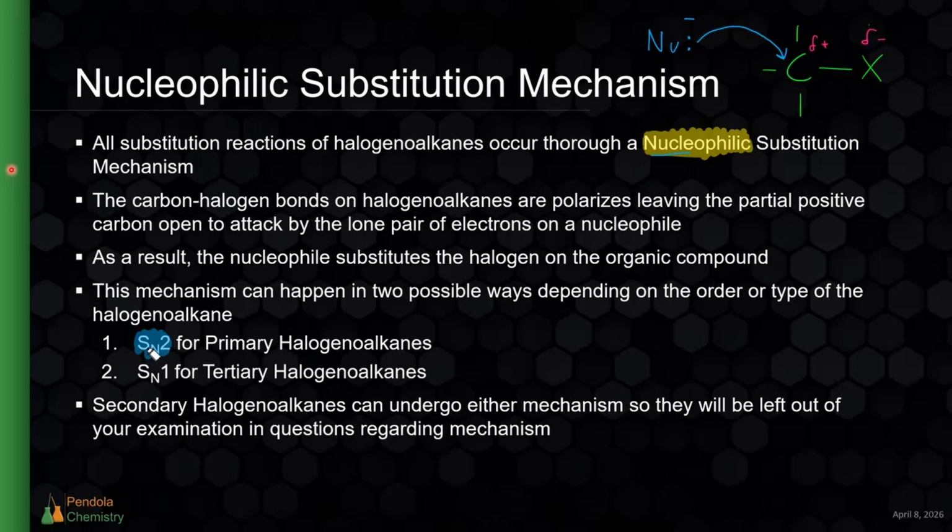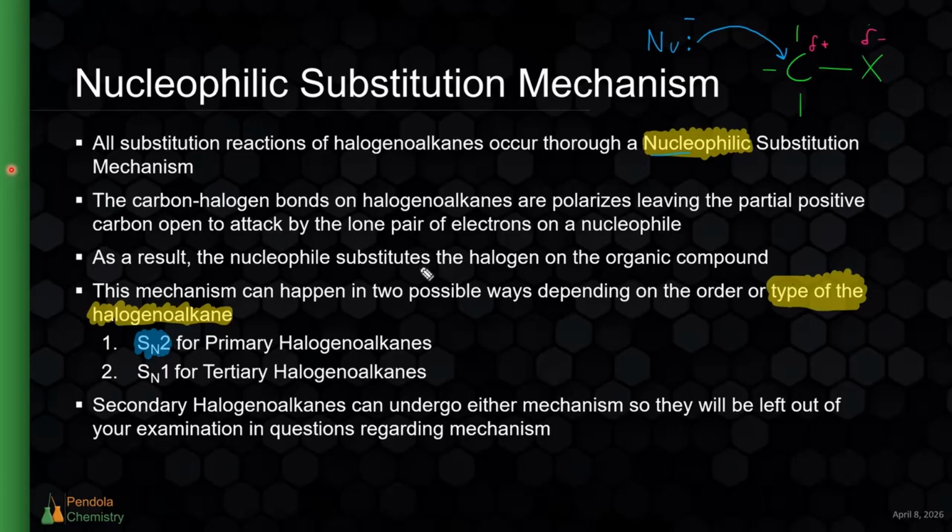For SN2 and SN1, the mechanism that's possible here in two ways is going to be dependent on the type of halogenoalkane that we have. Not on the halogen. All halogens, chlorine, bromine, iodine, fluorine, can undergo both types of mechanisms, but the type of halogenoalkane, meaning whether that halogenoalkane is primary, secondary, or tertiary.